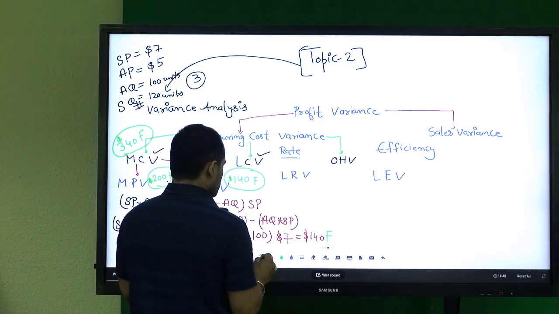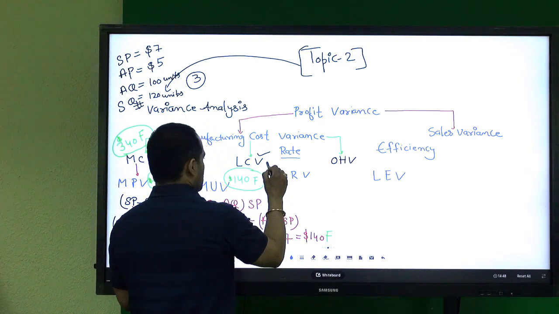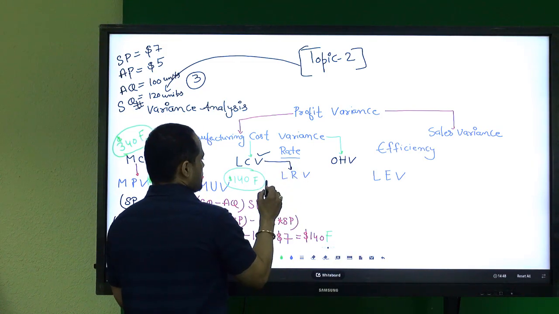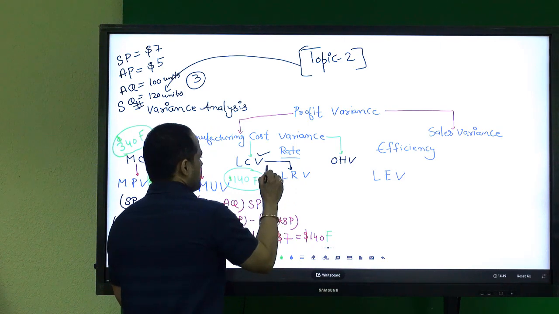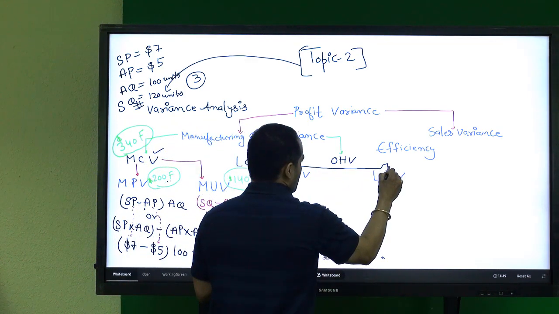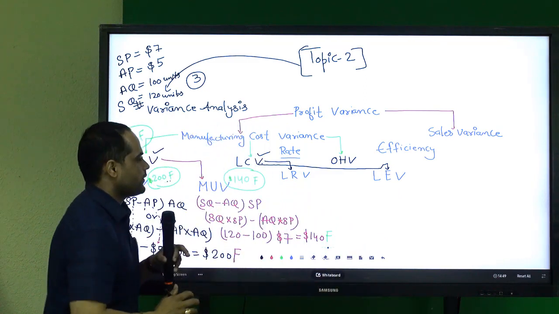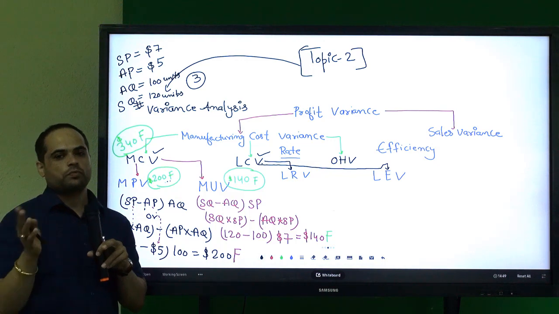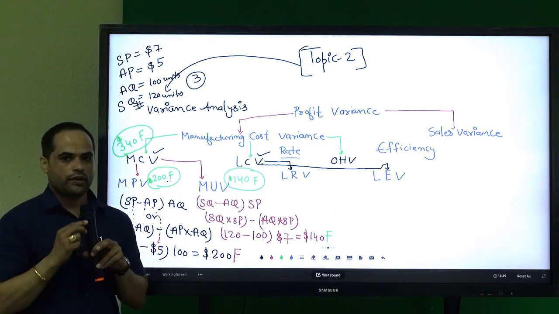Labor rate variance means how much we are planning to pay to our workers.